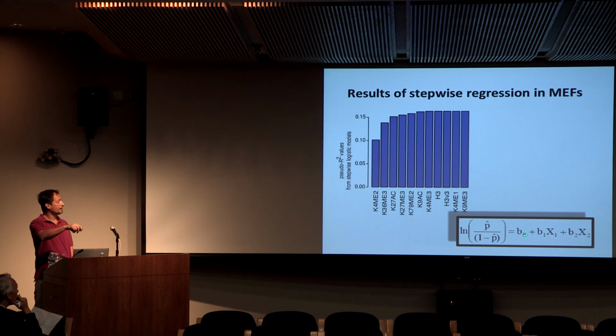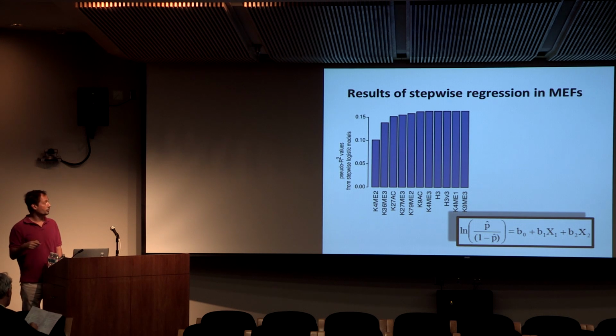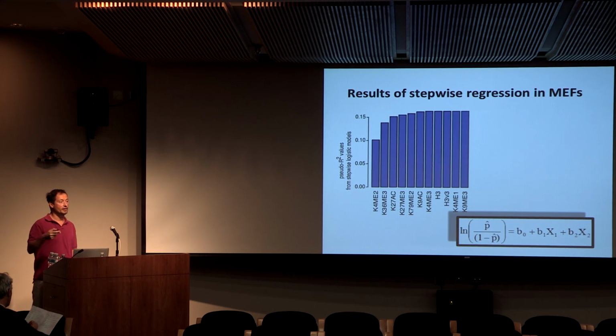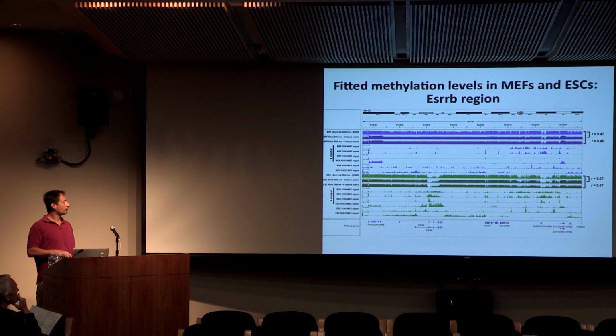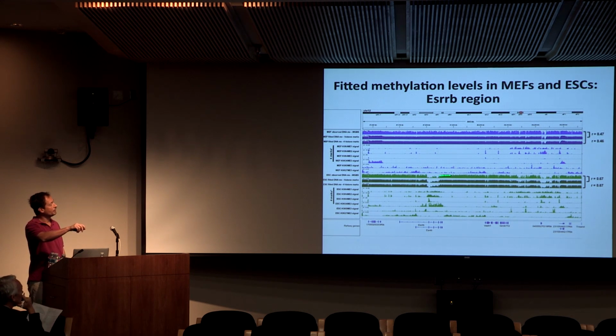And what we find is that, again, with just including the K4 and the K36, we get a very good agreement between the presence of DNA methylation and the presence of these states. And if you look at the actual tracks, it looks quite remarkable. This is the actual observed DNA methylation, in this case in embryonic stem cells.